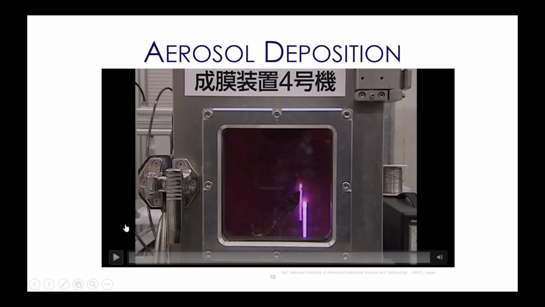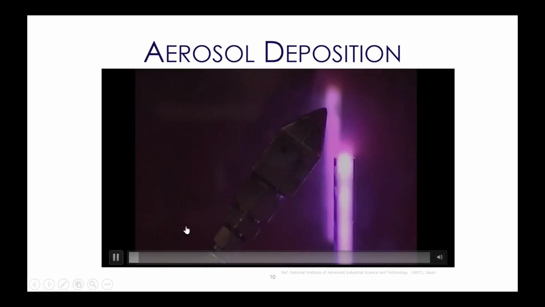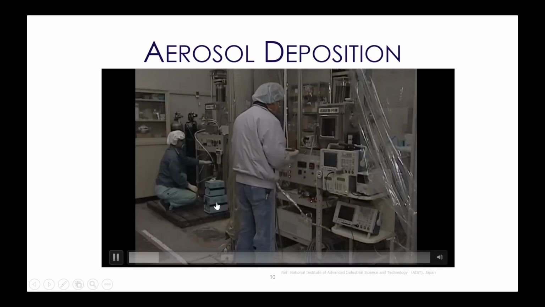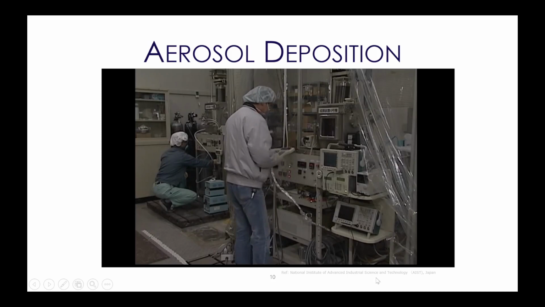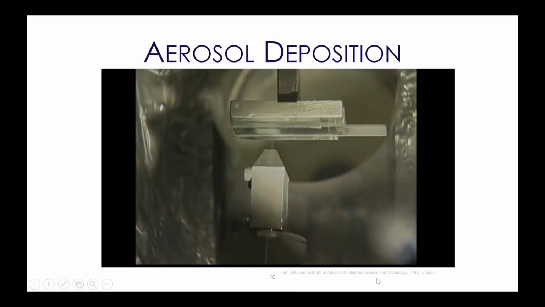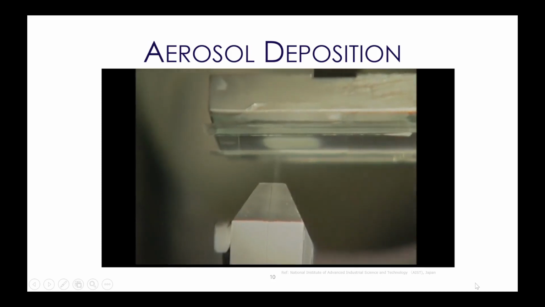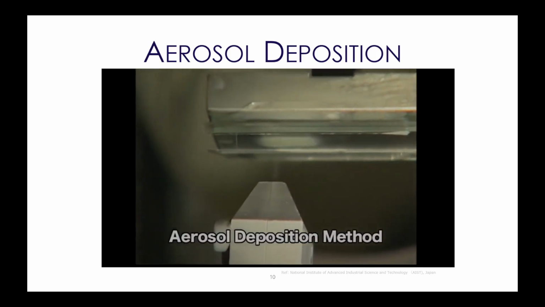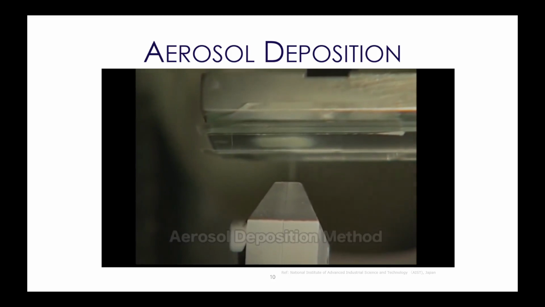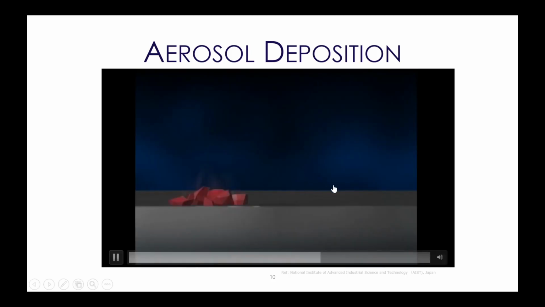This is the aerosol deposition technology machine. I have taken this video from the National Institute of Advanced Industrial Science and Technology of Japan. So this is the aerosol deposition method. See that the vapor will be created here.